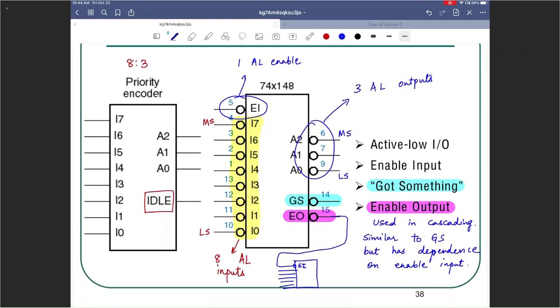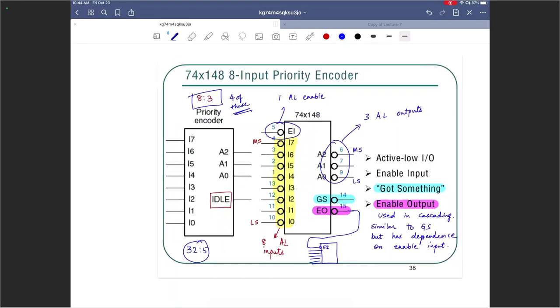That way you can design bigger encoders. So for example, if you wanted to design like a 32 to 5 encoder, then you could use 4 of these. But you would have to cascade them using this enable output and enable input signals. That's what it is used for.